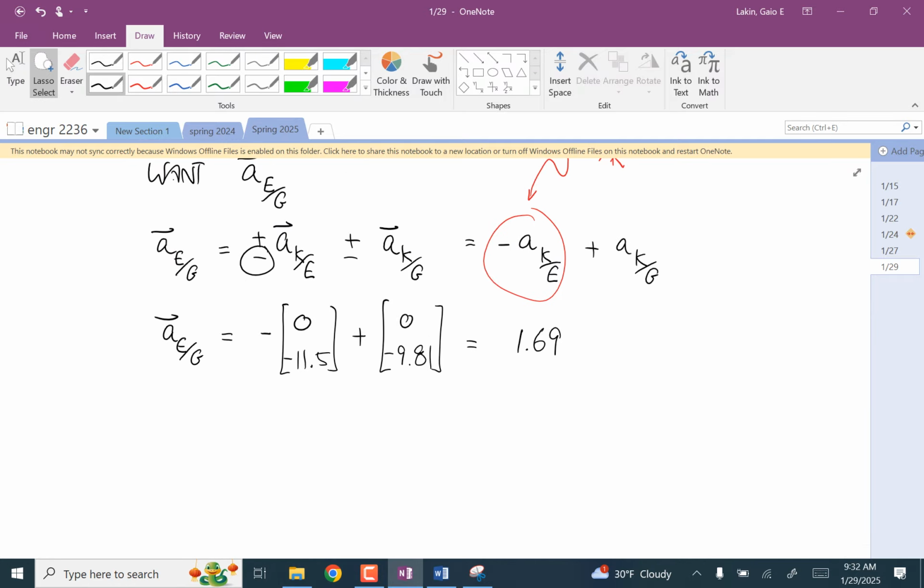And this is a vector. So from that calculation, we figured out that the elevator is accelerating up at 1.69. Any questions about that? Hey, that clock is right. Yay.